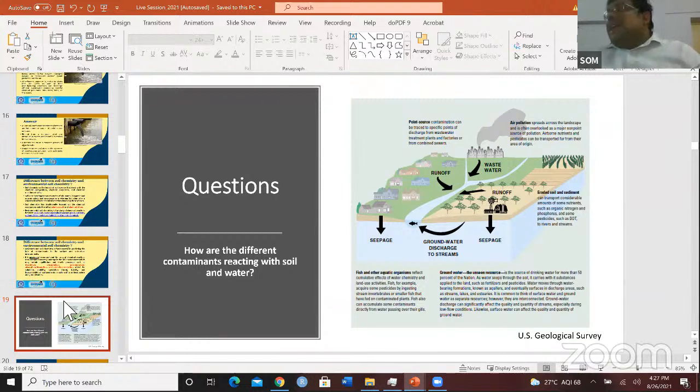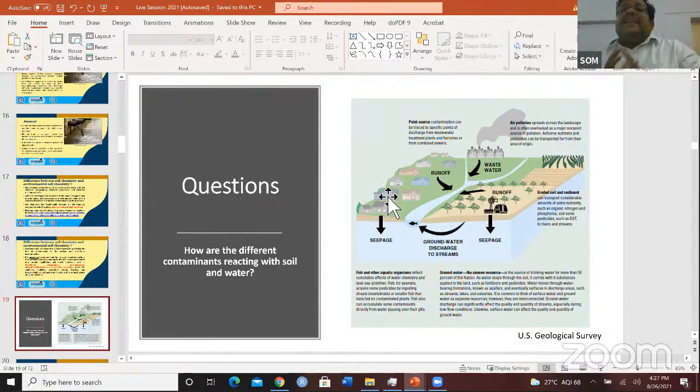But just for a very brief overview, you can see in this figure that there is point source pollution, and runoff and wastewater coming out from the industries, and there are also seepages, runoffs, and groundwater discharge into streams.